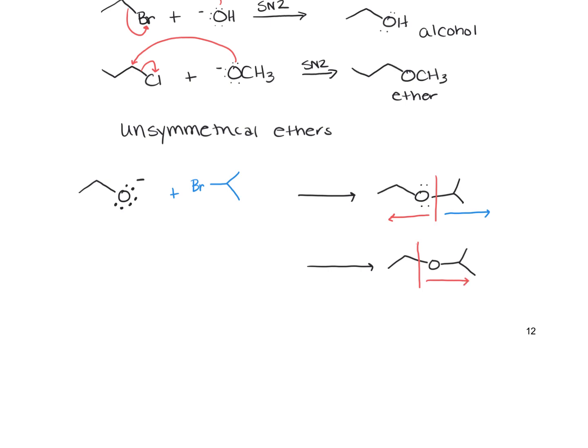And so what that means is we have O minus like this, and then everything this way is going to be from the alkyl halide. And so we would have an alkyl halide that looks like that. Now, in each of these, this would give us a secondary alkyl halide. And this would be a primary alkyl halide.